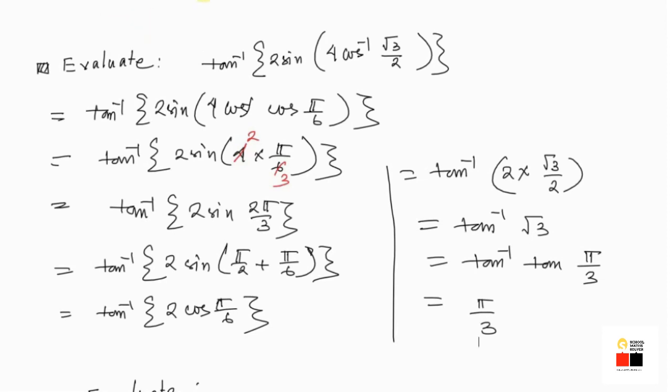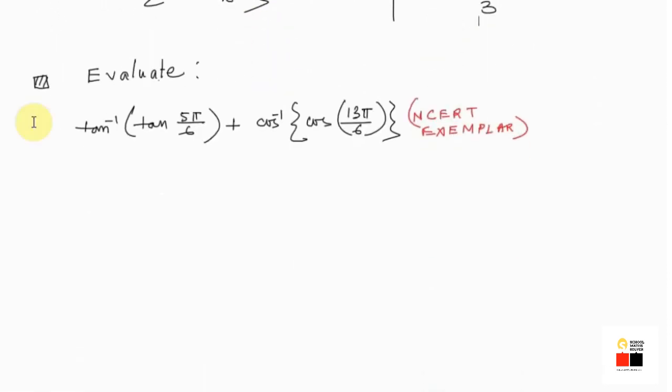Next problem, tan inverse of tan 5 pi by 6 plus cos inverse cos 13 pi by 6.